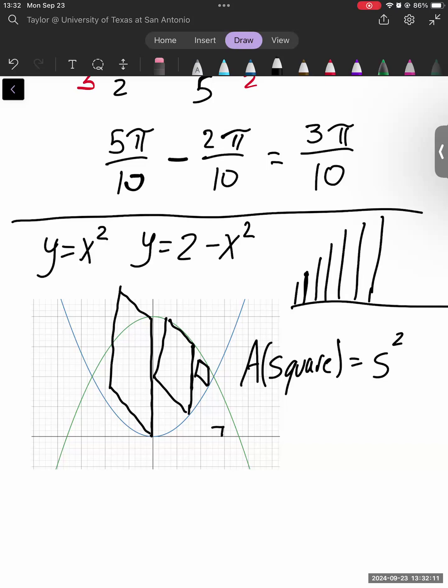Okay, so how do we find the side length? What would we do? If it's not immediately obvious, it's okay. I don't mind explaining it. I just want to see if anybody.